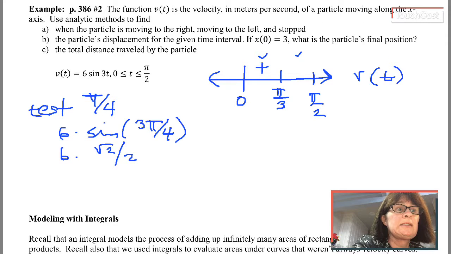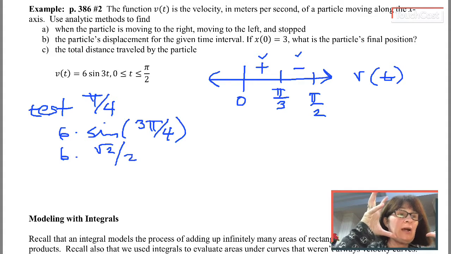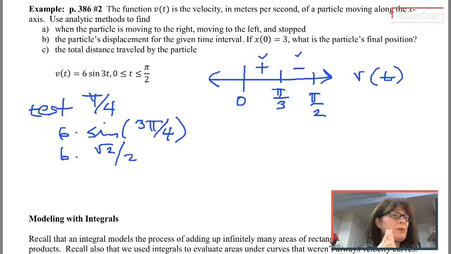And since sine changes sign at pi, sine of 3t is going to change sign at pi over 3. So this section here is going to be negative. So now I know if I care about the whole interval 0 to pi over 2, 6 times the sine of 3t will be positive between 0 and pi over 3, and will be negative between pi over 3 and pi over 2.